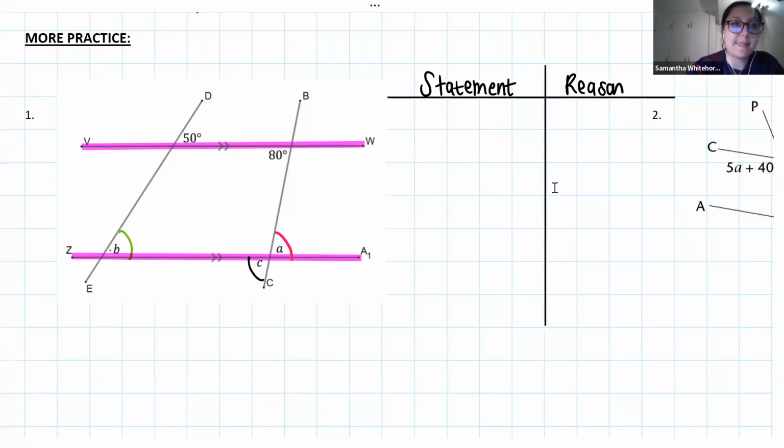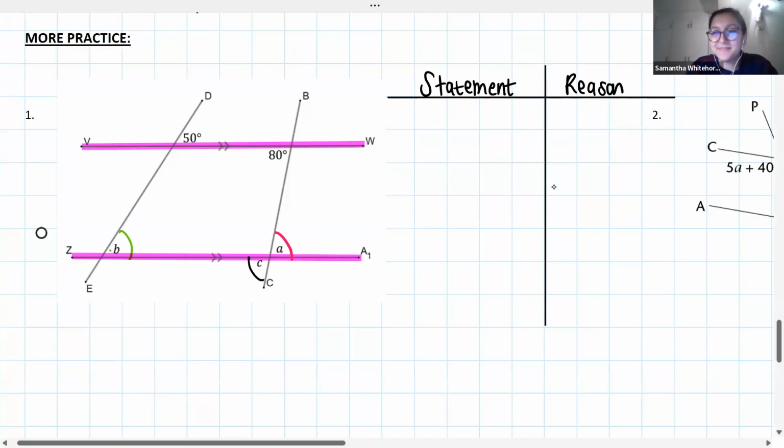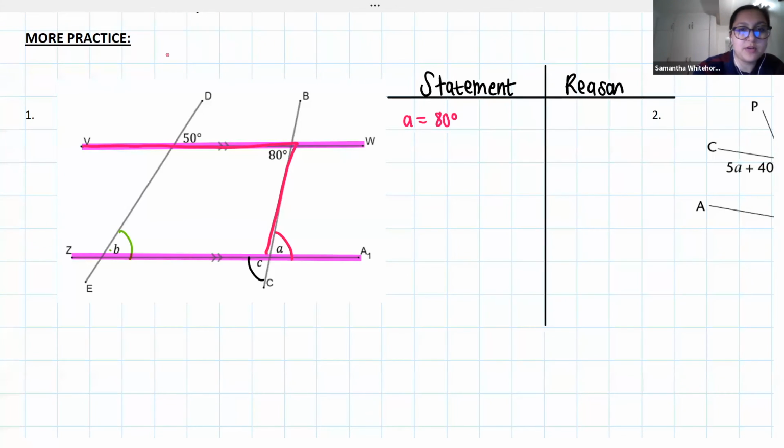Evening, ma'am. I said, firstly, A is 80 degrees because of alternate angles. VW is parallel to ZA. Perfect. So guys, here's my Z shape. I know I've chosen a very bad color. So there are the alternate angles Cameron just told us about.